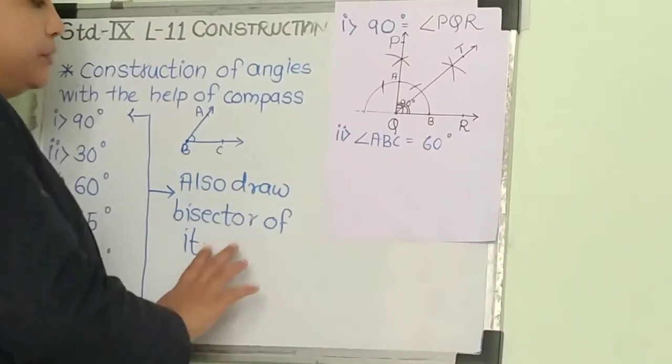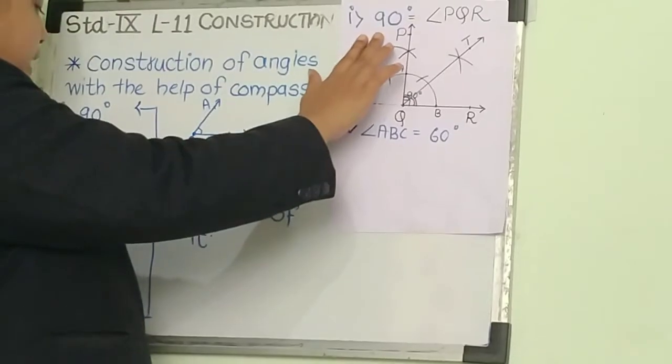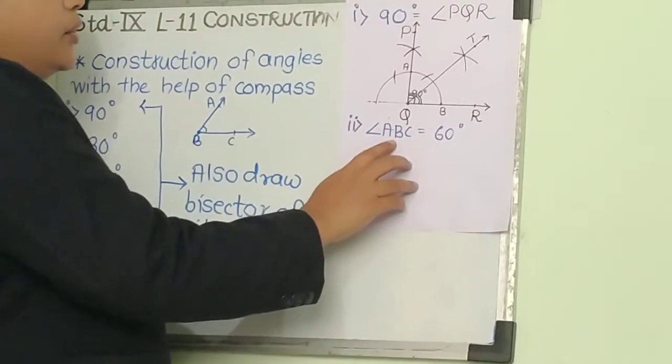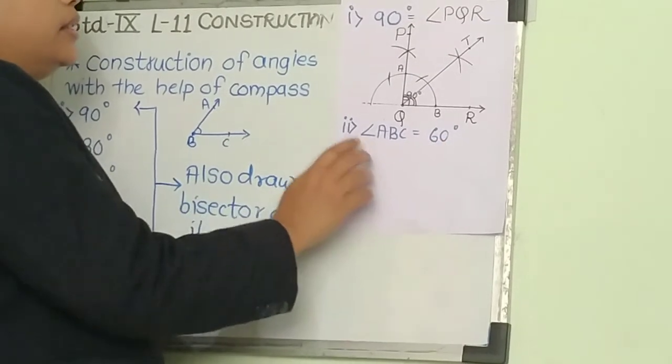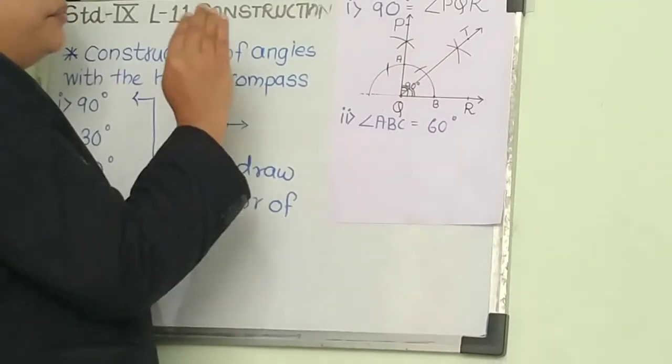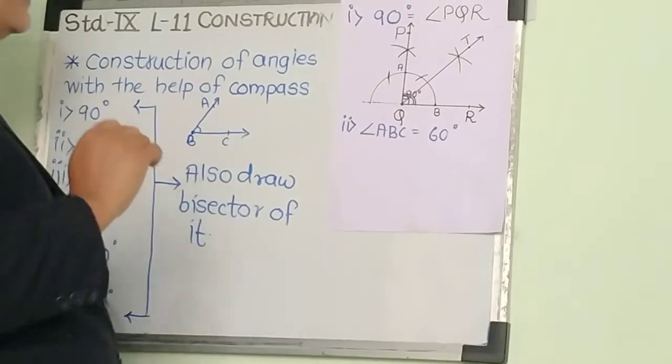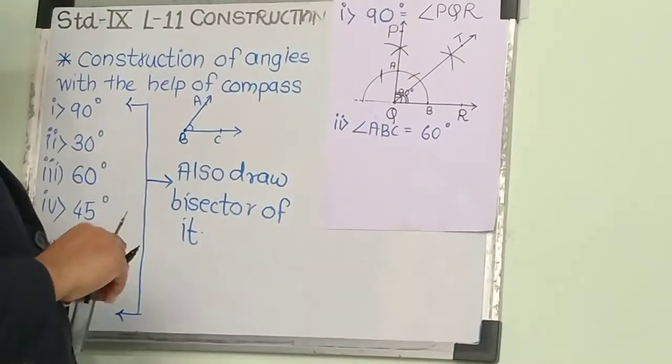See here now, once you finish for the 90 degree, then I will draw here angle ABC of 60 degree with the help of compass and bisect it. Same process here we have to do.